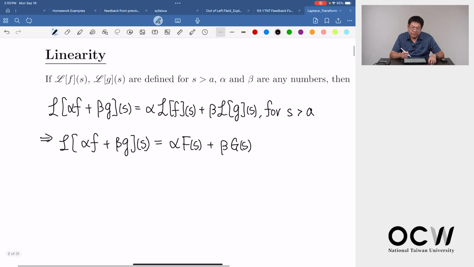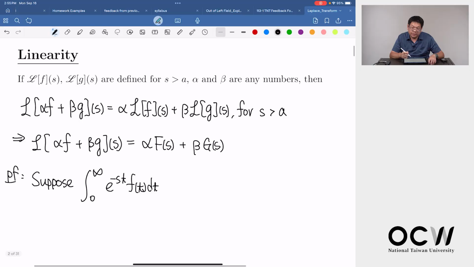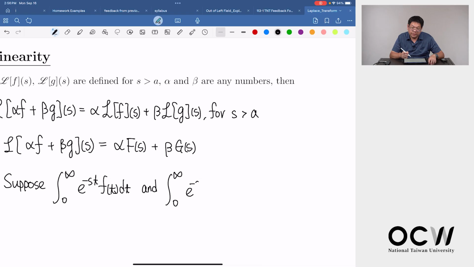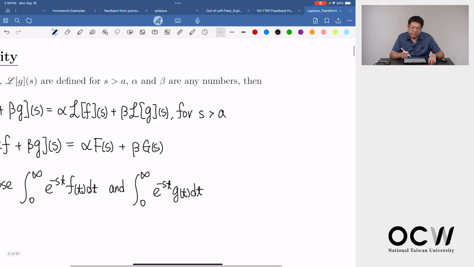Okay, let's have a proof. So suppose the Laplace transform of f and the Laplace transform of g exist, or converge. They both converge.